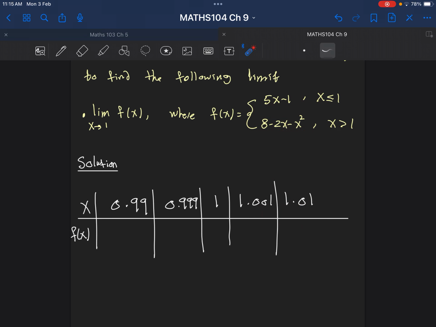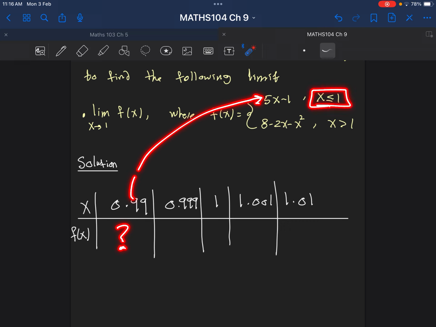So let's start with 0.99. I'm asking you to use your calculator and find for me the value for 0.99. We did this in pre-calculus. So which function do we choose, the first or the second? Well, because it is 0.99, we have to choose the first because x is less than or equal to 1.